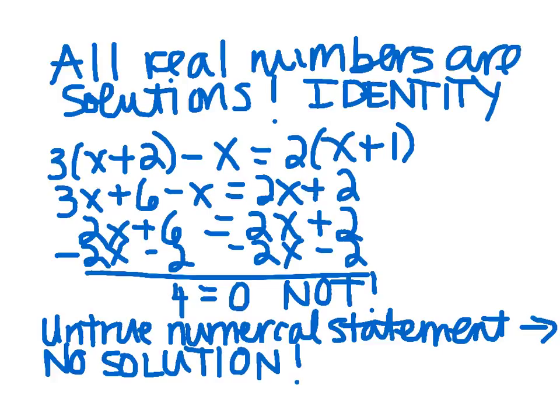Three times 4, for example, would be 12. Anyway, here, if I plug it in on this line, 2 times 4 is 8, plus 6 is 14. Can never be the same thing as 2 times 4 or 8 plus 2. It's impossible. That's what equations with no solutions look like.